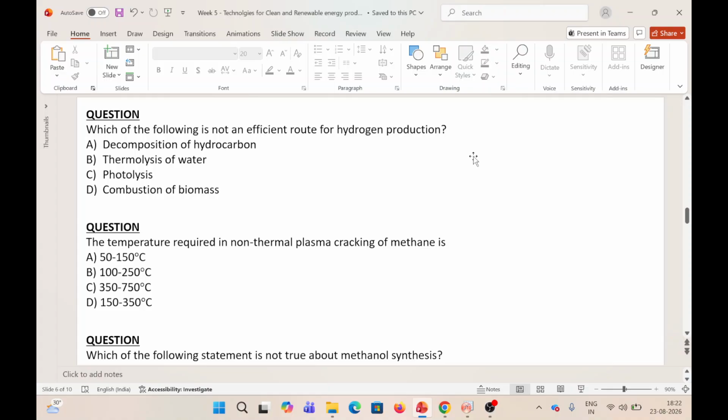Thermolysis in the sense is breaking of the water molecule with the help of temperature, and photolysis is similar breaking in the presence of light, photo.